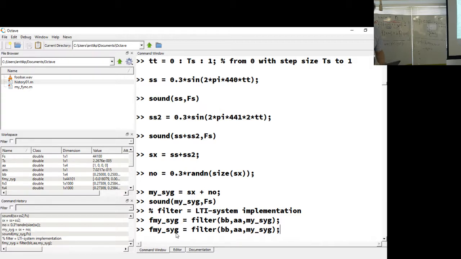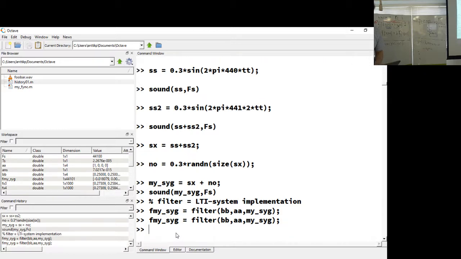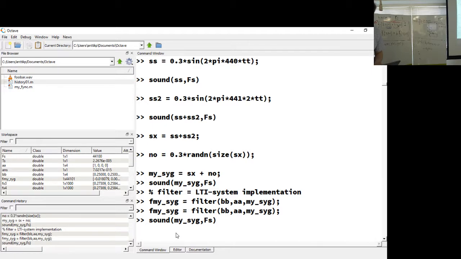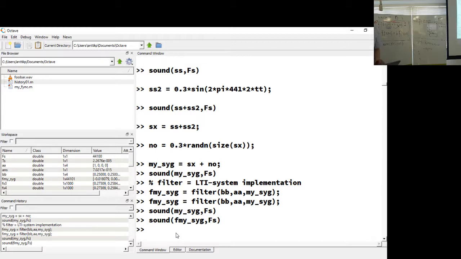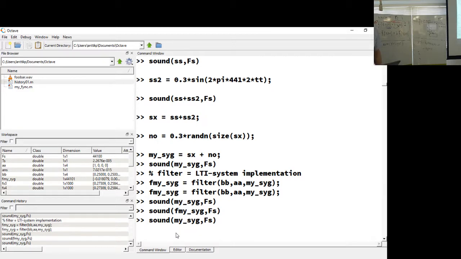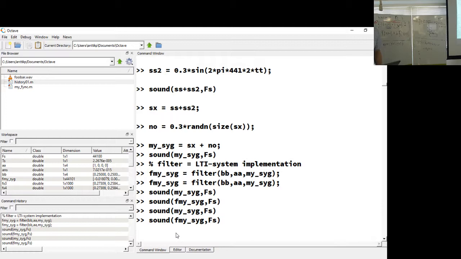My signal FS sounds like that. And my signal filtered. Any difference? Yes, there is a difference.